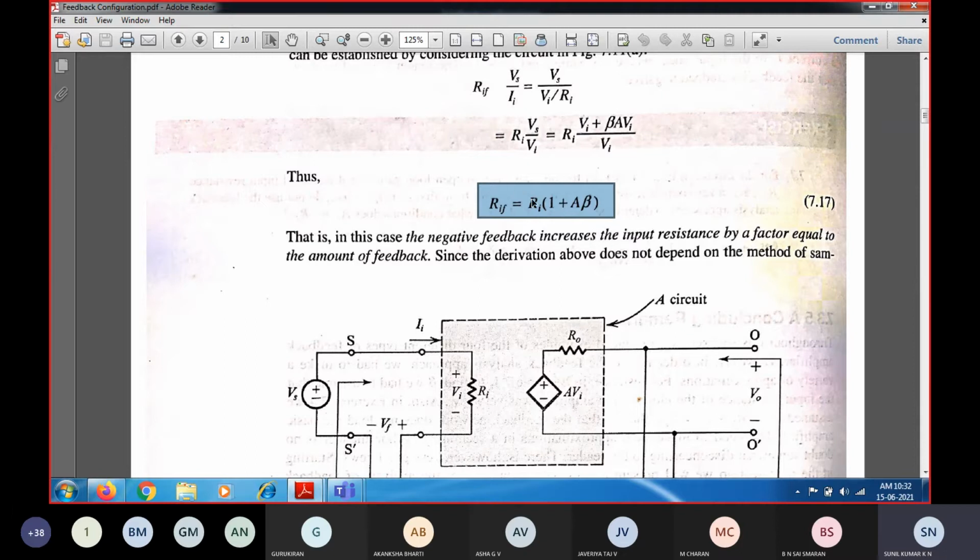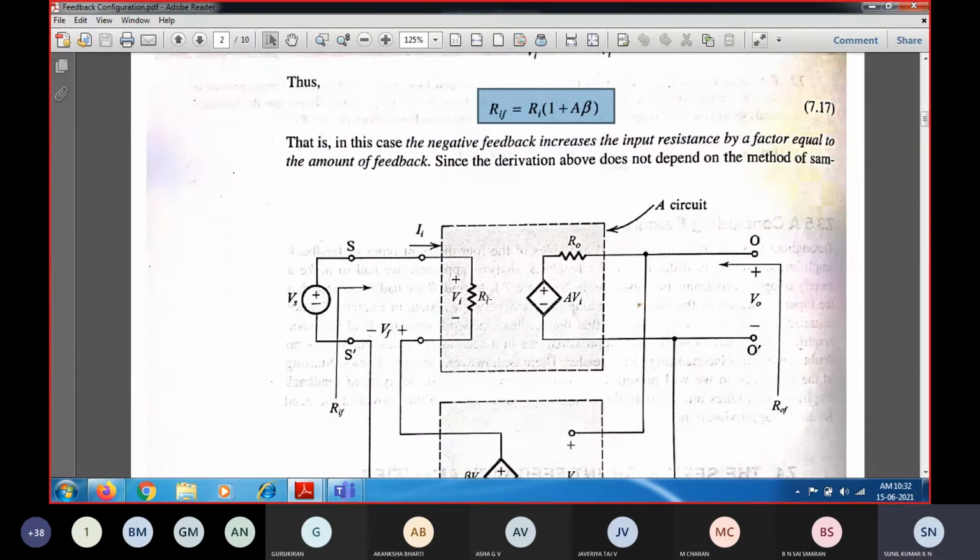Suppose Ri is 10 kilo ohms and A into beta is 10, then you will get 10 into 10, so 100 kilo ohms, or else you can get 1 mega ohm as the input. So this is how you are going to increase the input impedance.